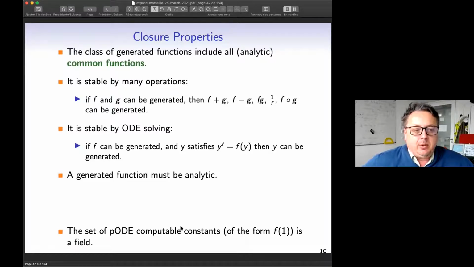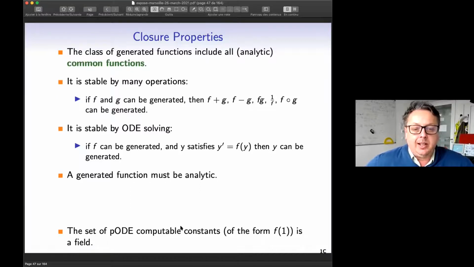Furthermore, it is stable under many operations. If you can draw f and g, you can draw f plus g, f minus g, f times g, 1 over f, of course over the domain where f is not 0. The composition of f and g, all of them could be drawn just by writing the equation.